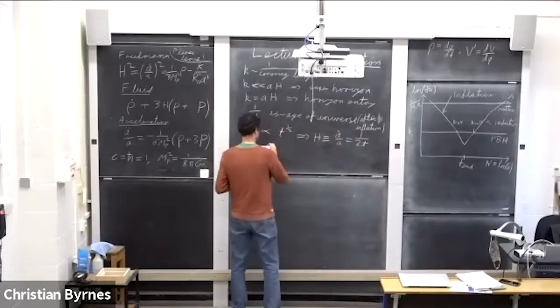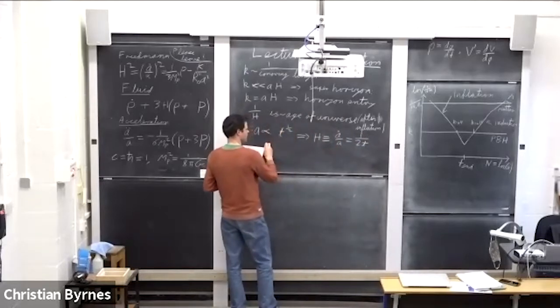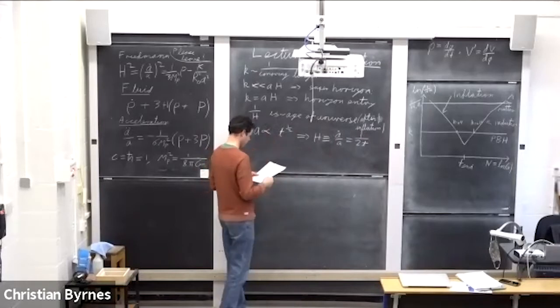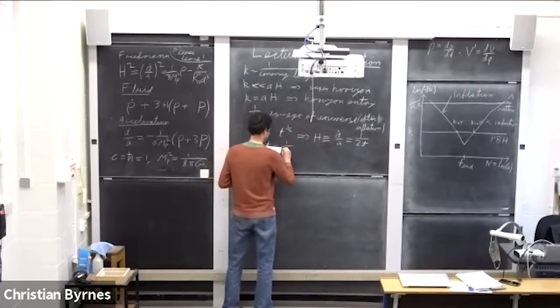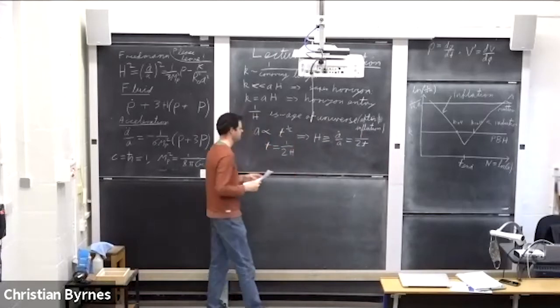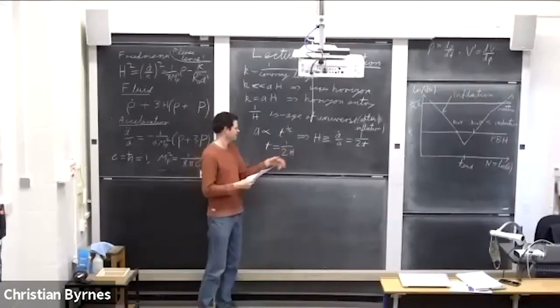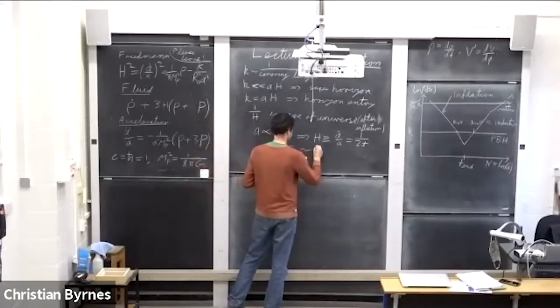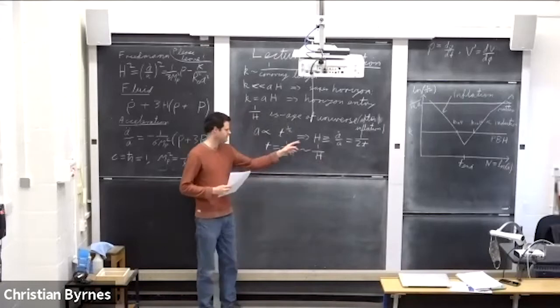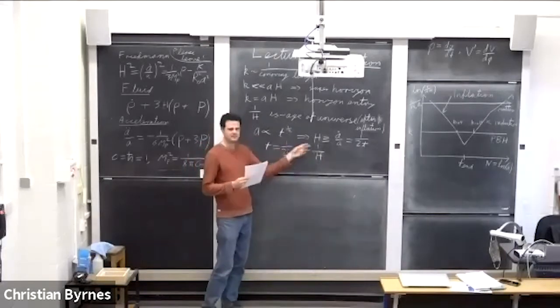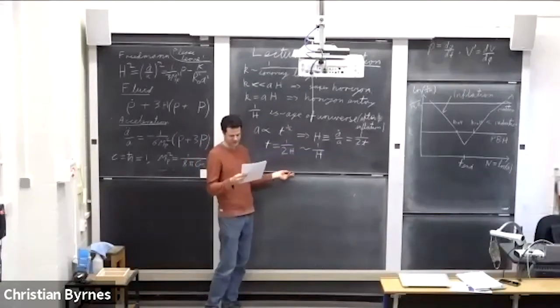So the age, t, is 1 over 2H. This is really the age, and you can see this is, up to a factor of 2, 1 over H. So that's why 1 over H gives you the age of the universe, or a good estimate.